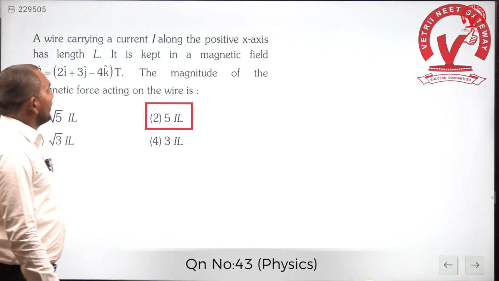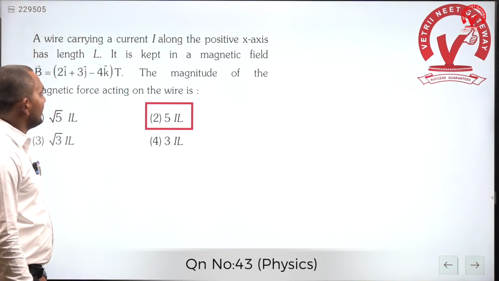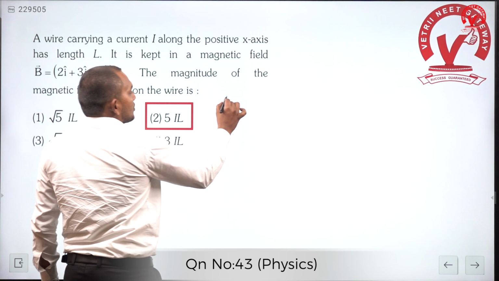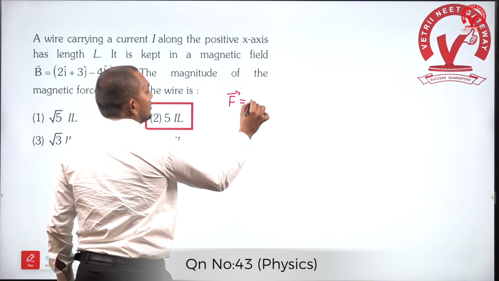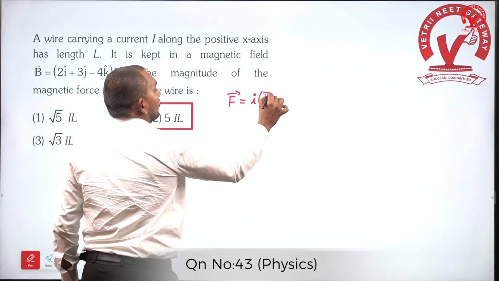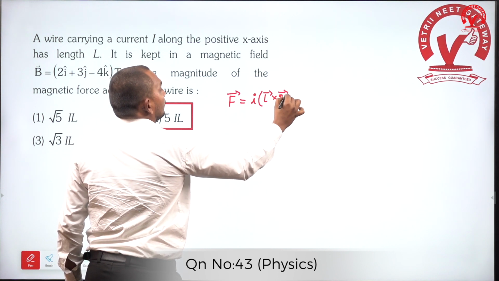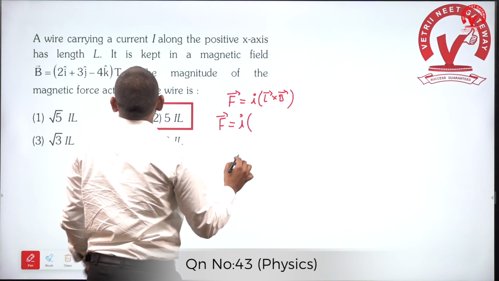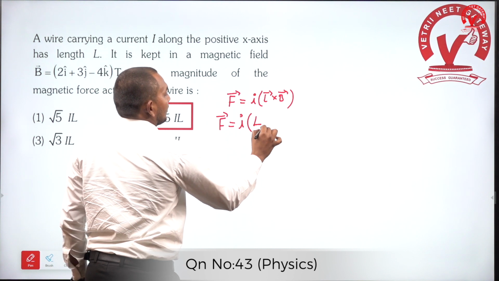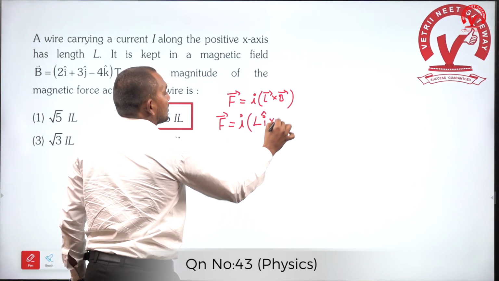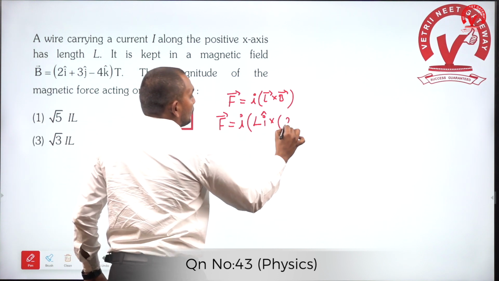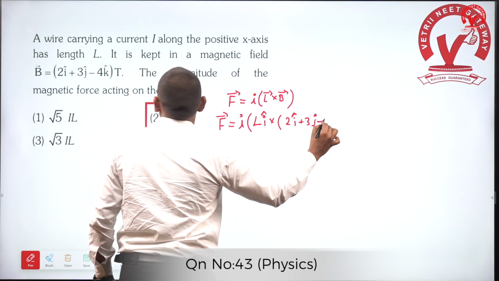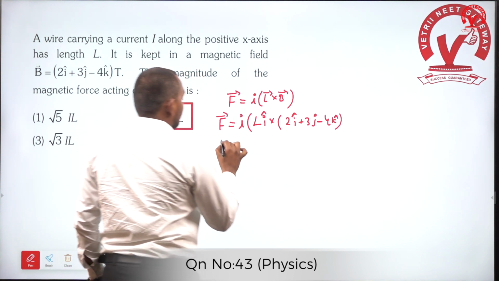Next, a wire carrying a current along the positive x-axis, length L, kept in a magnetic field B is given. They are asking to find out the force. We know the force F bar is equal to I into L bar cross B bar. So F bar is equal to I into L bar, which is along the x-axis, I cap, cross B bar, which is 2 I cap plus 3 J cap minus 4 K cap.